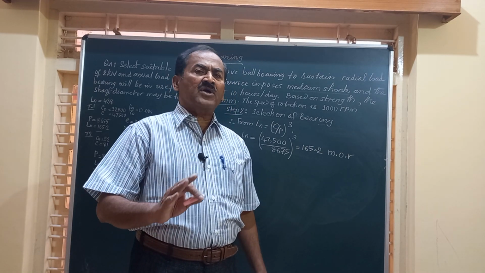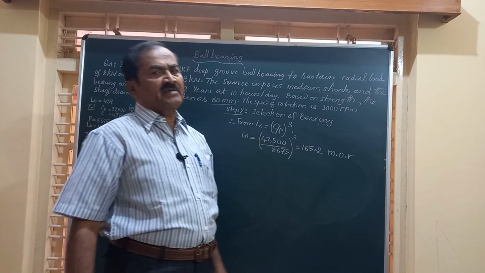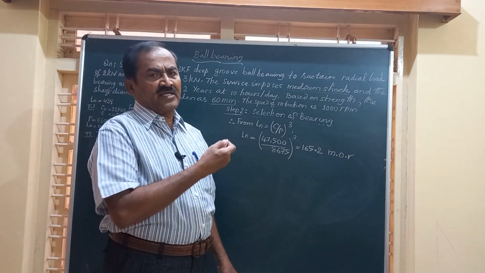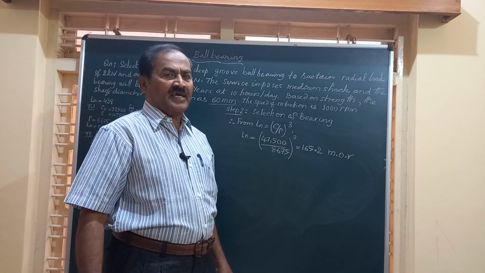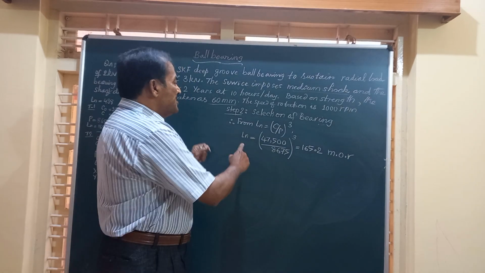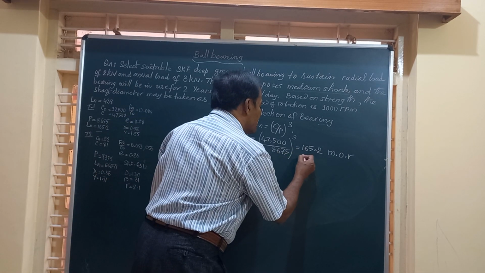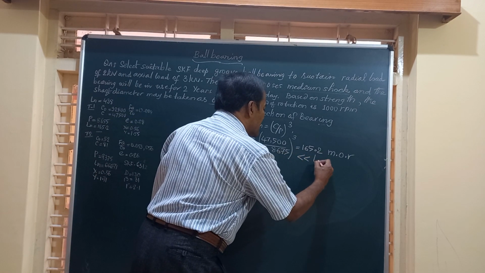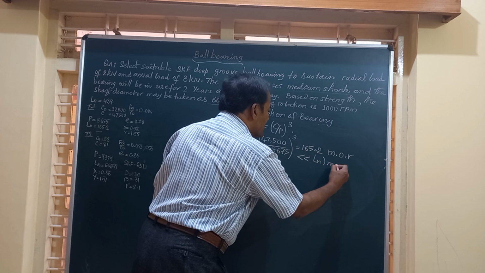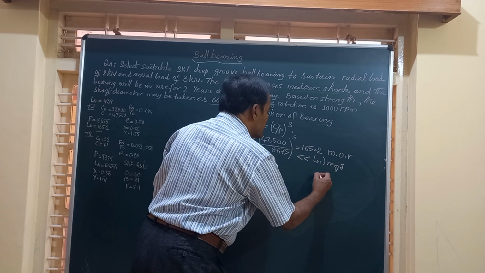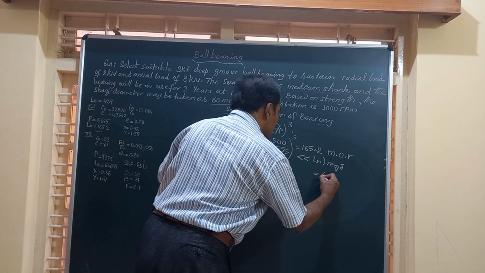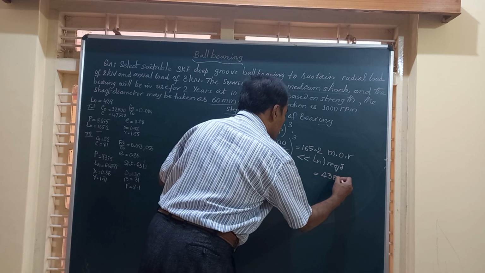But we need to have minimum 438 millions of revolution as per the first step in the calculation. So this value of Ln is far lesser than Ln required. What is the value of Ln required? That is nothing but 438 MOR.